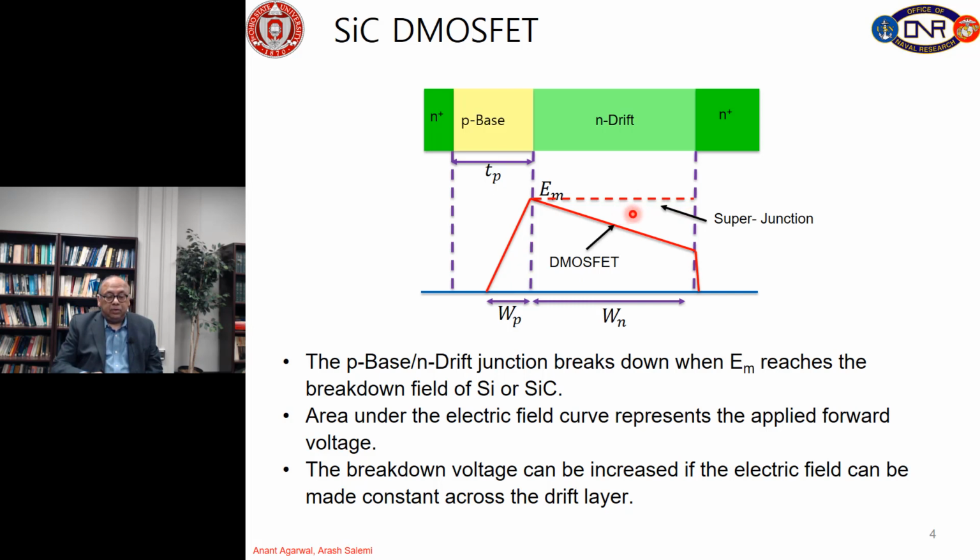Then you can see the breakdown voltage will increase if we can keep the electric field constant in the drift region or close enough. So that is the purpose of the superjunction MOSFET, which we will show you in the next slide.